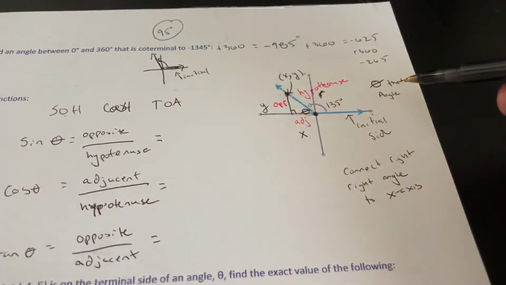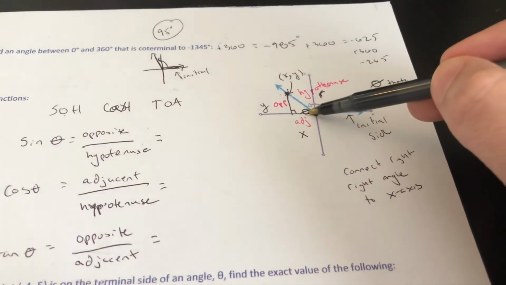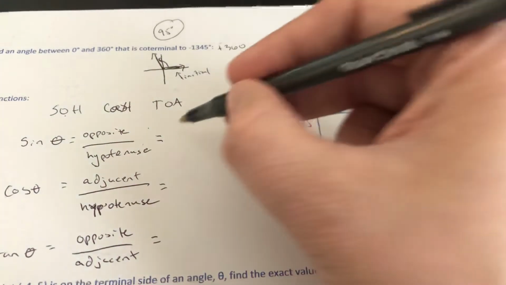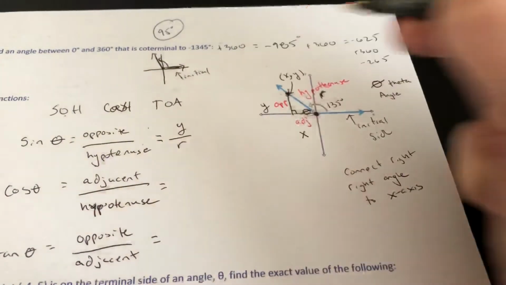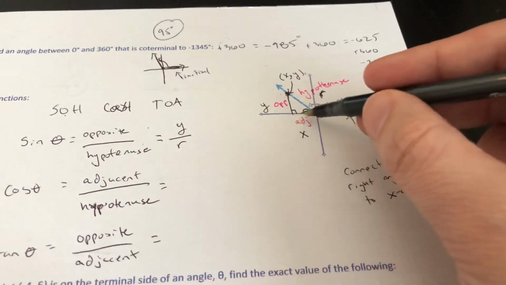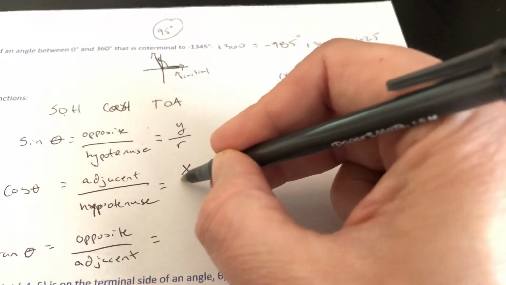So in this case, our sine, which is opposite over hypotenuse. Using our variables, opposite is what variable? Well, that's our y variable, so it's y divided by my hypotenuse, which is r. Cosine is adjacent over hypotenuse, so adjacent is what variable? My x coordinate divided by my r.